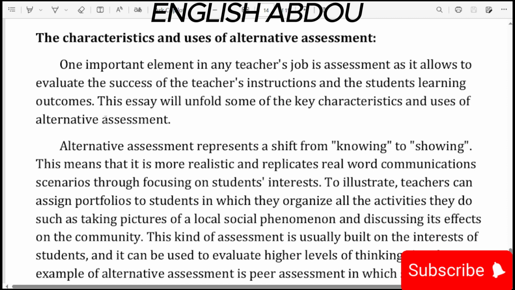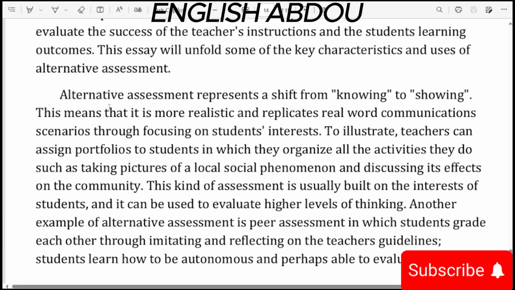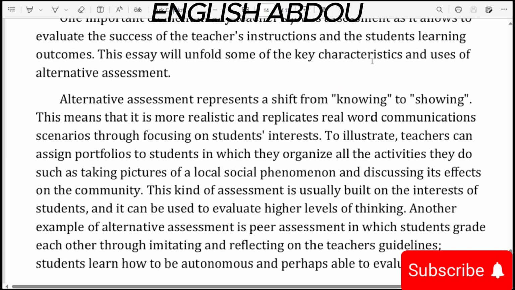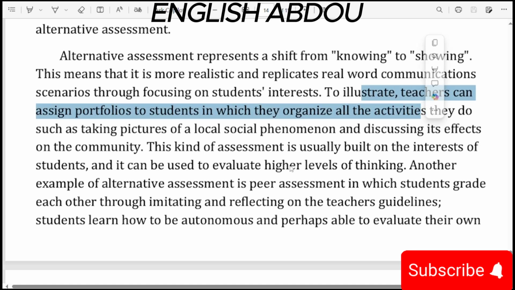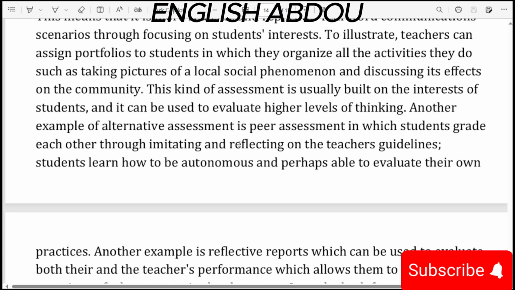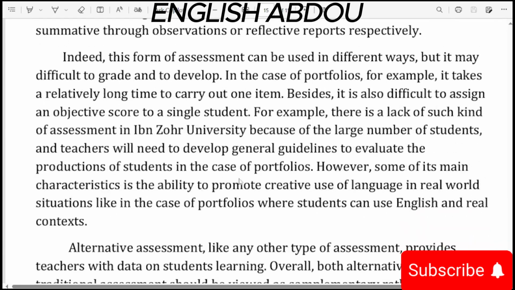This essay will unfold some of the key characteristics and uses of alternative assessments as I show you. Of course, some key characteristics will unfold, and uses of assessments. So alternative assessment, to illustrate, this is an example, as you can see, etc. So examples from real life situations, so you can take it, okay, as an example.